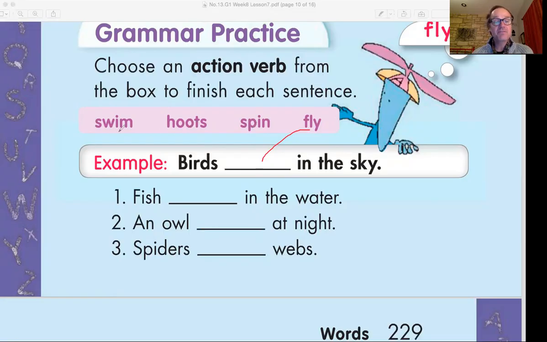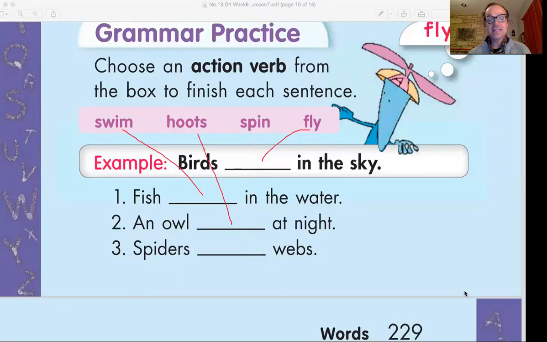Sometimes. But fish swim in the water? Yes, swim. Number 2, the owl blank at night. The owl hoots. That's the verb, hoots. Woo, woo, woo. Spiders spin webs. That's where they go. Okay, that was fun.